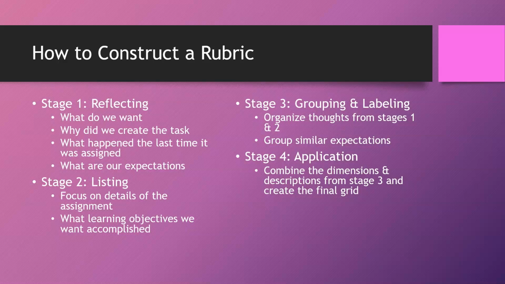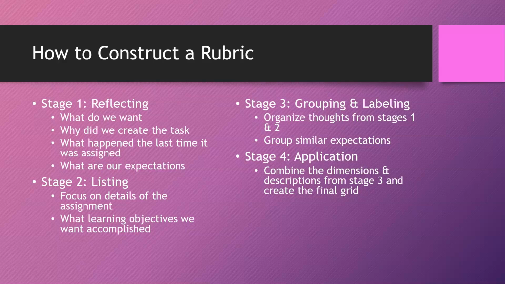So you want to start thinking now, if you're going to use a rubric for a task that you had not previously used a rubric for, what happened in the past that you want to make sure does not happen again? And what are your expectations for your students? What are your expectations for their skill level and for what you expect them to do?